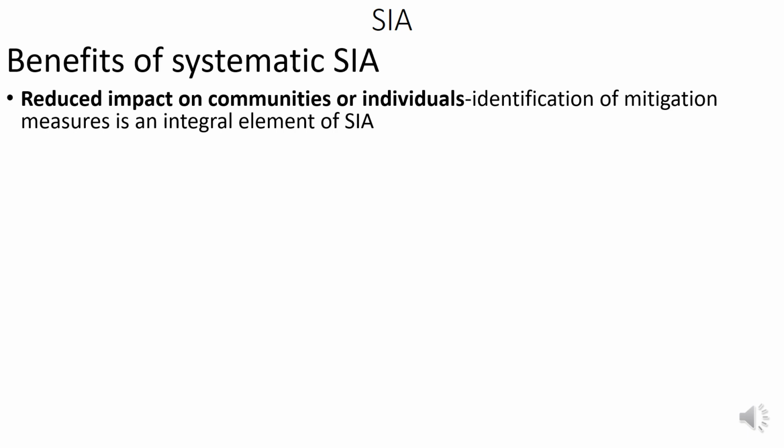Normally, we have defined benefits of undertaking a systematic social impact assessment. One, you have reduced impact on community and individuals. Identification of mitigation measures is an integral element of a social impact assessment because once you identify the adverse impacts that a project is going to cause, then you propose mitigation measures, and these will, in the end, reduce the impact the project will have on communities and individuals in that area.